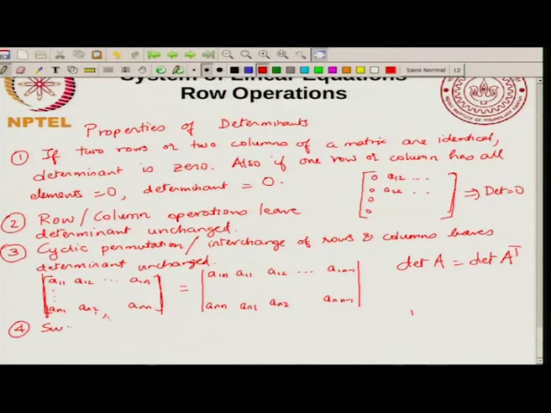So, swapping any 2 rows or 2 columns changes sign of determinant.